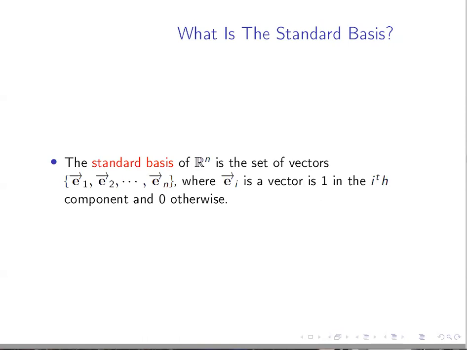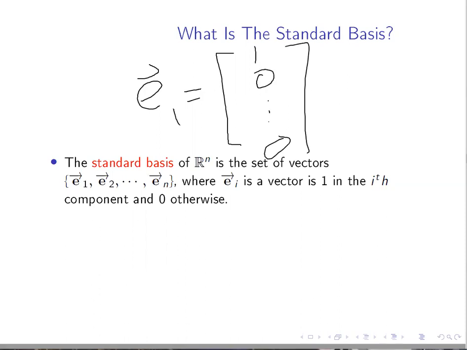We usually refer to things as the standard basis. The standard basis for Rn is the vectors e1 and so forth. These are vectors that we've already talked about before. e1 is the vector 1, 0, and zeros the rest of the way. e2, on the other hand, is going to have 0, 1, and then zeros the rest of the way down, and so forth.